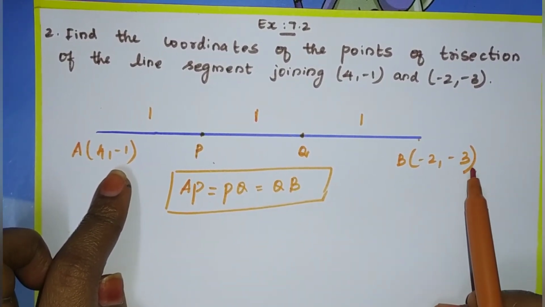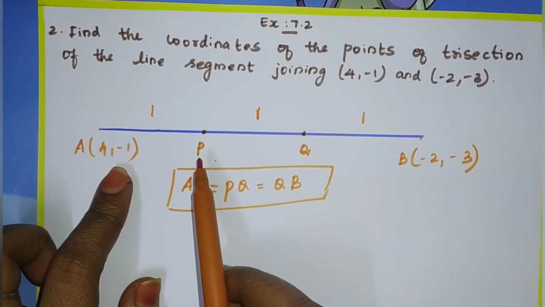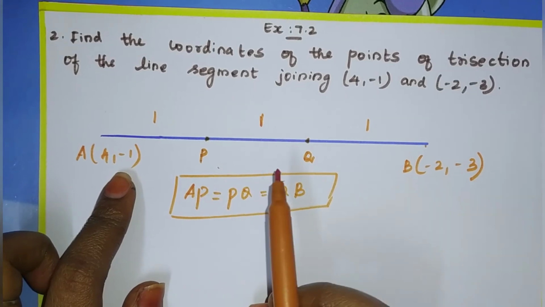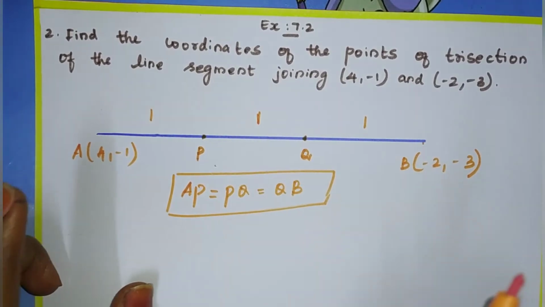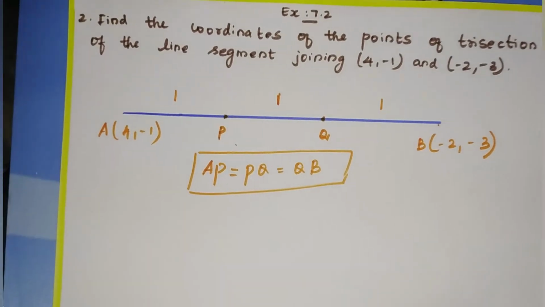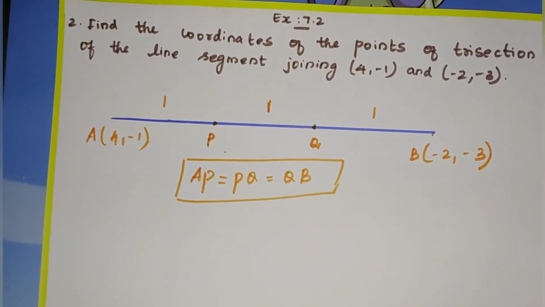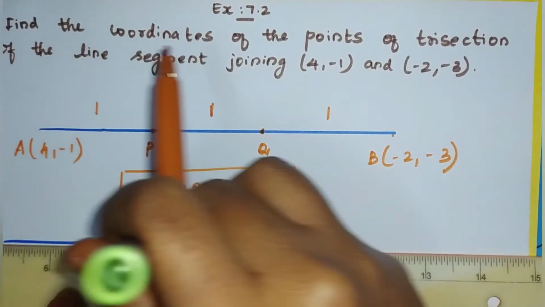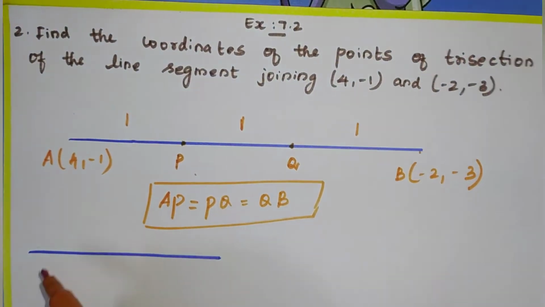First I am going to find the point P by using the section formula. Clear children? Is there any doubt? First I am going to find the point P.